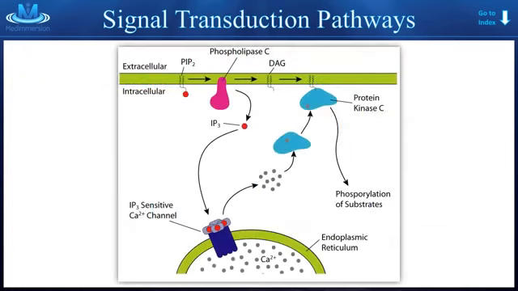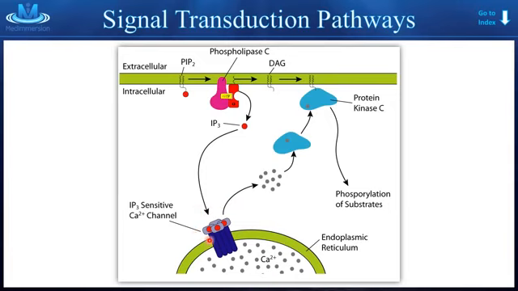And now for a couple of real quick words on the IP3-DAG pathway, just so that you can see it. So as we've already talked about, our Gq protein comes and it activates phospholipase C. Phospholipase C takes PIP2, which is already in the membrane, and it cleaves it, making IP3 and DAG. IP3 is free to roam through the cytosol, where it eventually activates calcium channels on the endoplasmic reticulum.